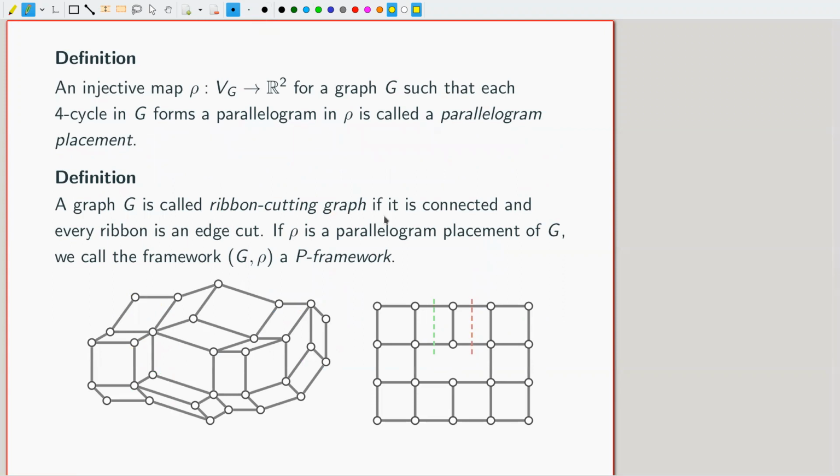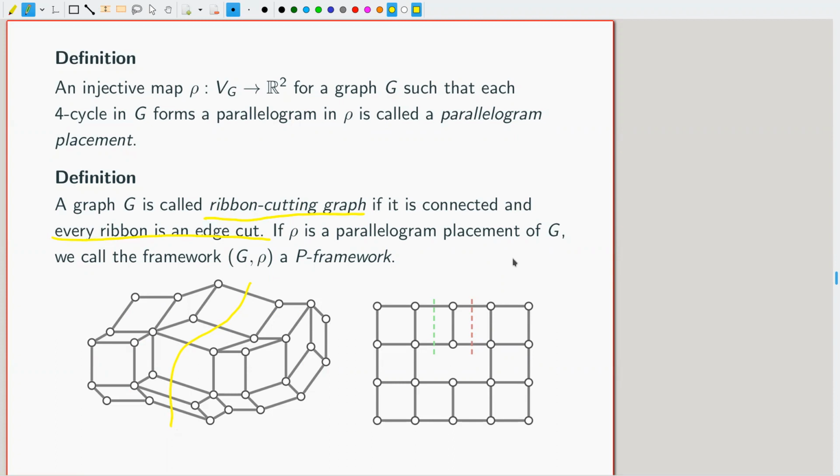And now we want to specify the class of graphs we are looking at. We want to have what we call ribbon cutting graphs. We take a connected graph, and we require that every ribbon forms an edge cut. For instance, this is a ribbon, and you can see that it's an edge cut. That's very important for us, so that the theory works.